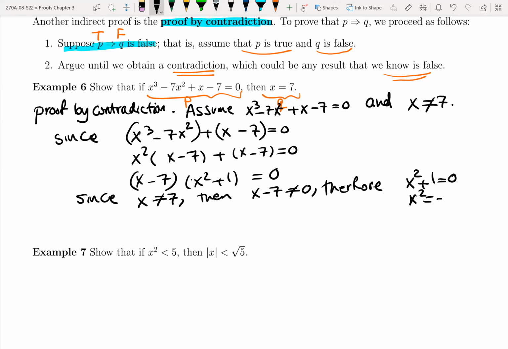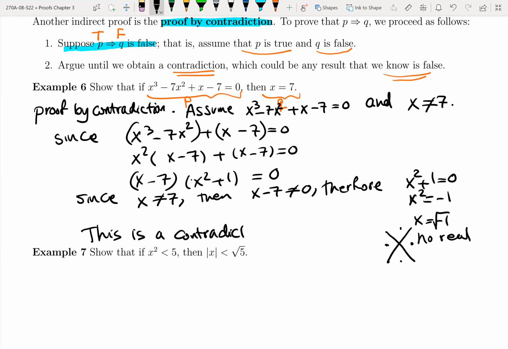So then you have x squared equals -1, which has no real solution, right? That is a contradiction. Okay.